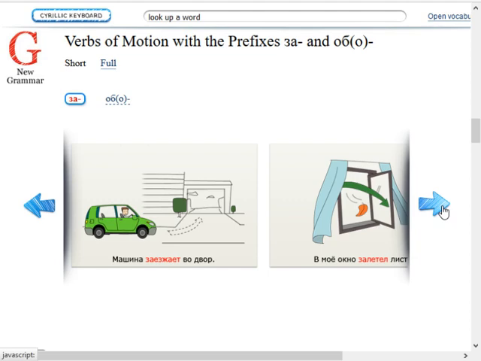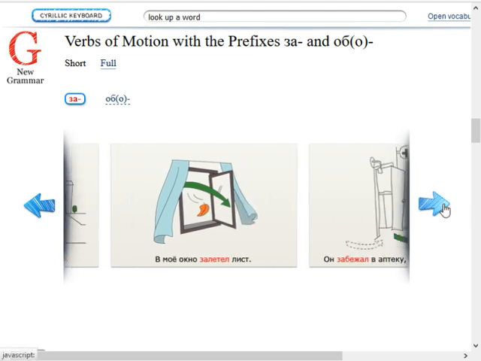In English you just say the car went into the yard or drove through the door. But in Russian, za here is being used to indicate that it went to that place. It's going to the place indicated.